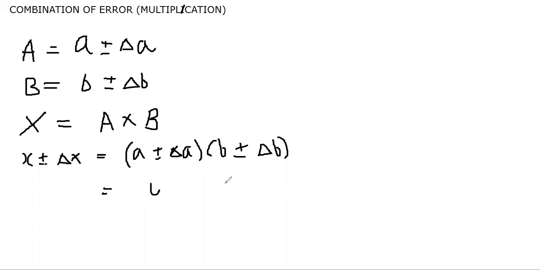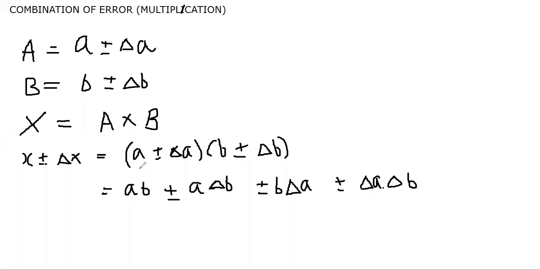I will multiply all the components that are present there. So I've multiplied this: A into B, AB, A into delta B plus minus A delta B, delta A into B plus minus B delta A, and last plus minus delta A delta B.